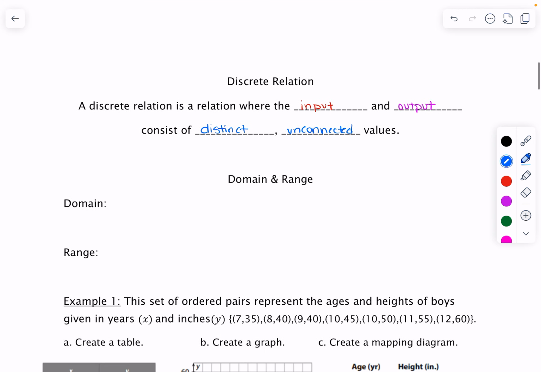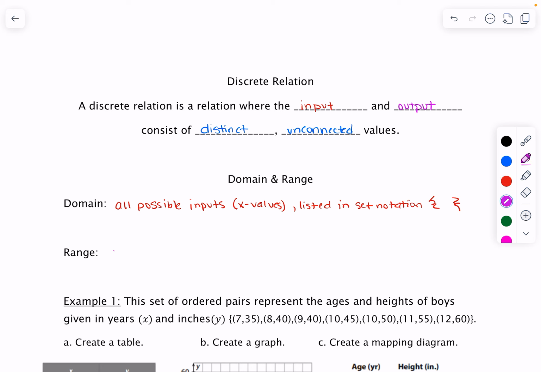And I also mentioned something called domain and range. And so domain is all possible inputs, which are your x values. And we list those in something called set notation, which looks like these little curly brackets, okay?